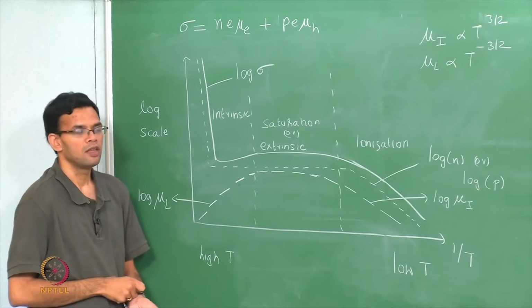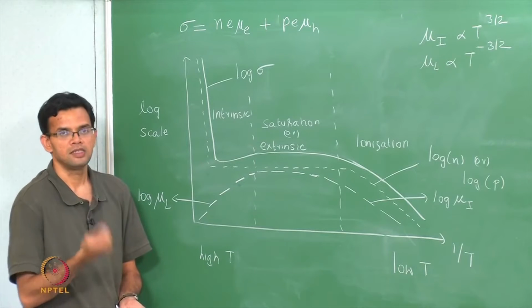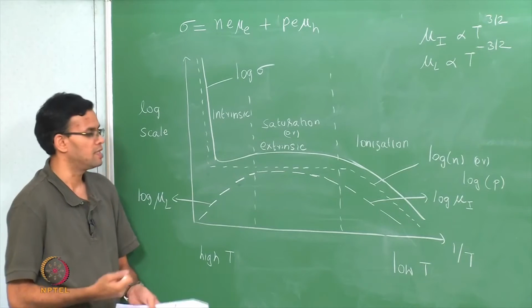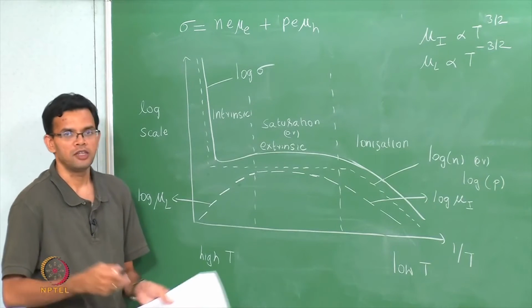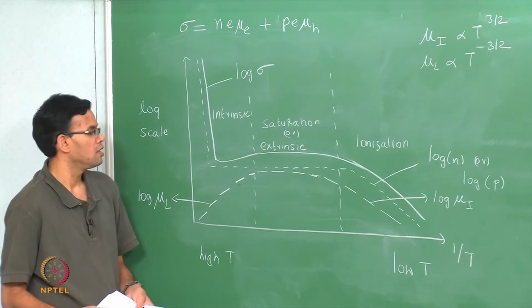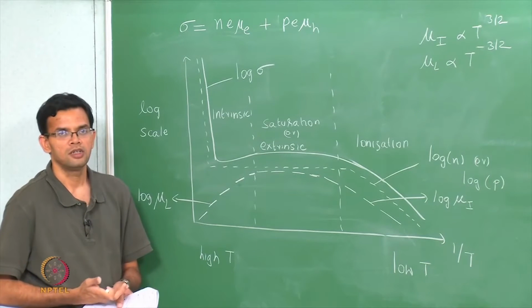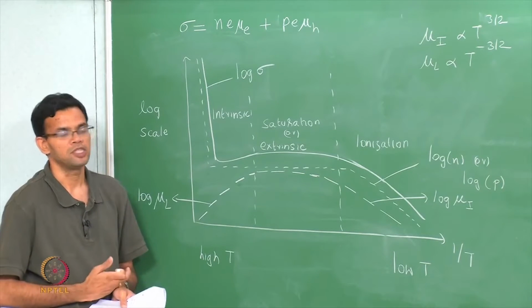So, doping gives us two advantages. One is that it increases the conductivity, but at the same time there is also a temperature region where both the carrier concentration and hence the conductivity is almost a constant and is independent of temperature.